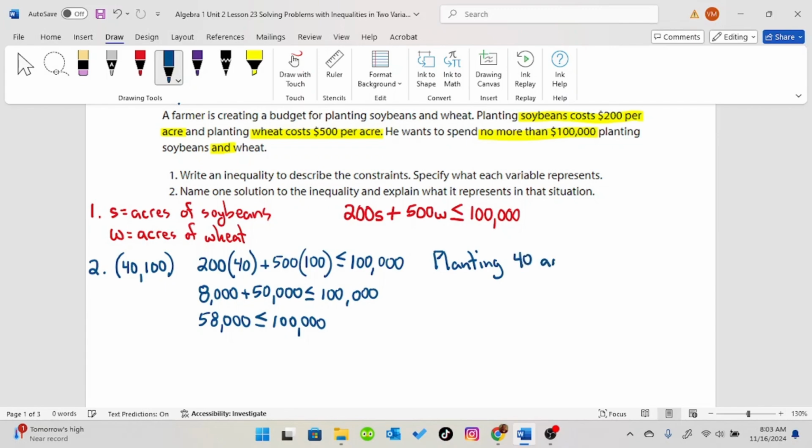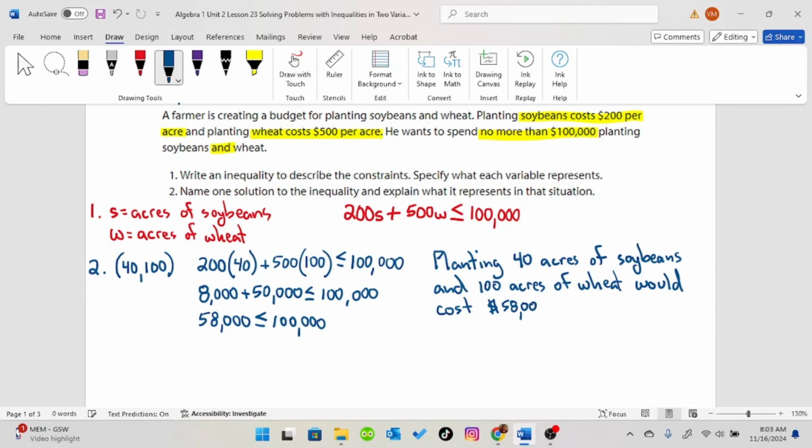Planting 40 acres of soybeans and 100 acres of wheat would cost $58,000, which is less than the $100,000 budget.